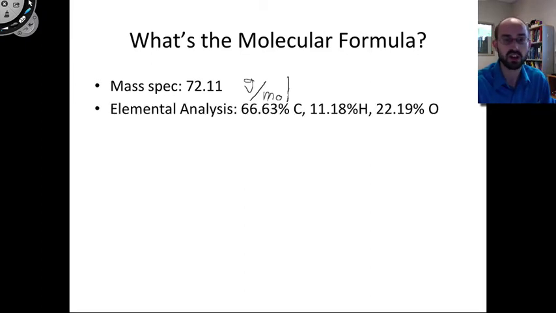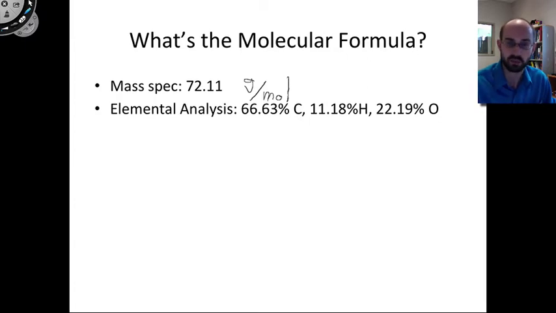What is there? What we can do is use a machine called the elemental analyzer, and it will tell us how much carbon, how much hydrogen, how much oxygen, how much nitrogen. Some of them can do other elements as well.